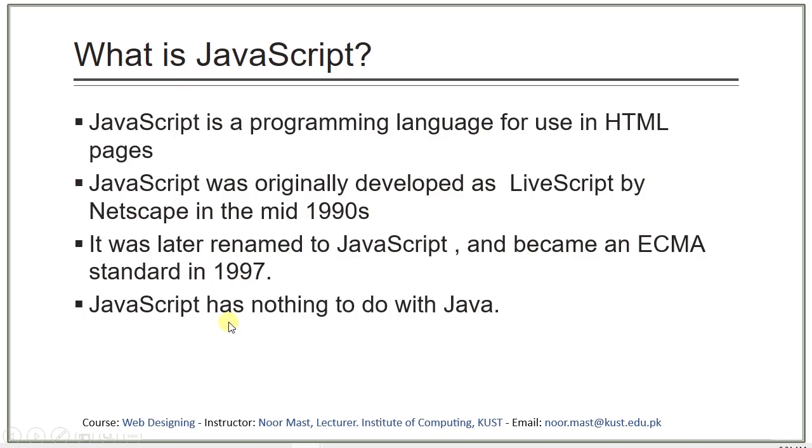JavaScript is an object-oriented language, and it also has some similarity in syntax to the Java programming language. But JavaScript is not related to Java in any way.